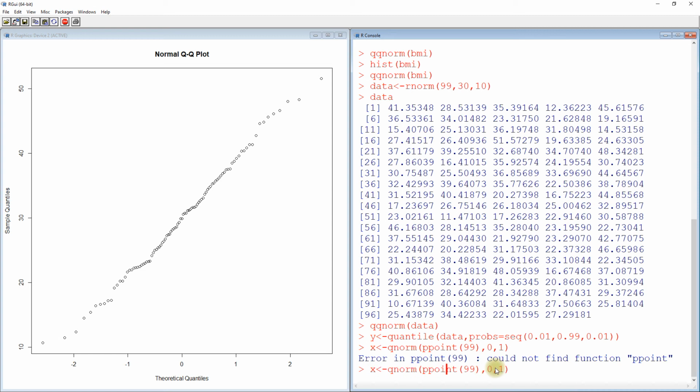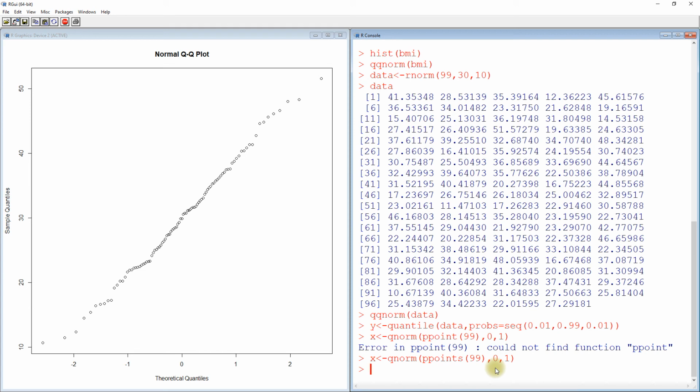I just missed the S here, I think. Yes, have a look. So here we go. We've got our X, we've got our Y. So X is what we have here, the quantiles from a theoretical normal distribution with a mean of 0 and standard deviation 1. As I said to you, I could have done it with 30 and 10.